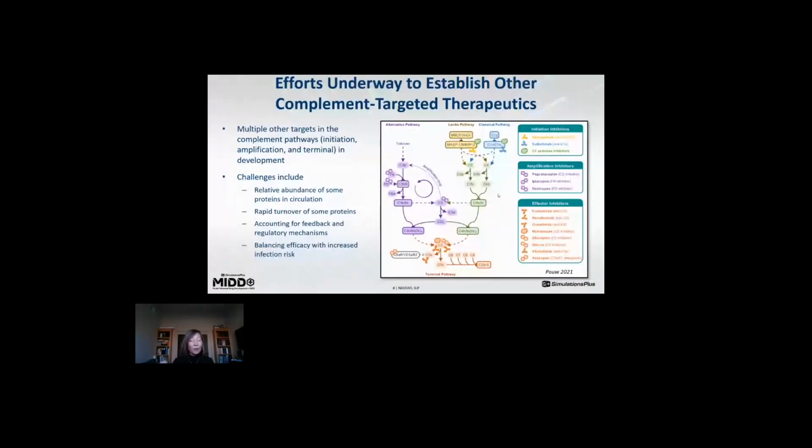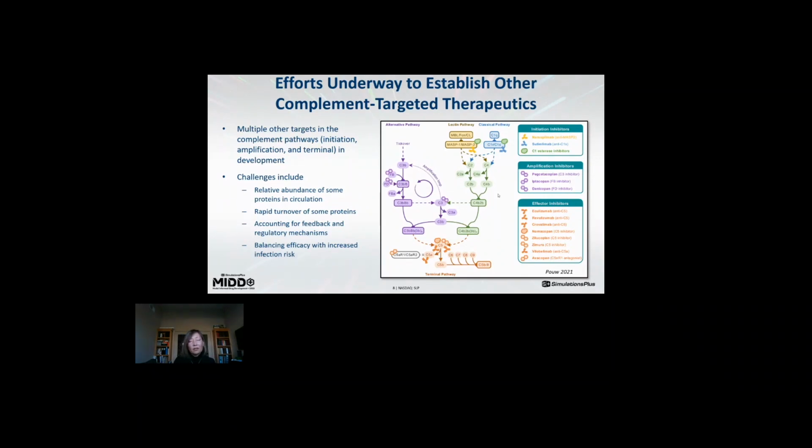Some of them are characterized by relatively rapid turnover, so you might have questions about how frequently we have to dose in order to effectively reduce the levels of this particular protein. We've talked about the amplification loop and the regulatory mechanisms, and there are many feedbacks going on. So tracking all of that and having a clear understanding of what you might expect to see at the back end has its challenges.